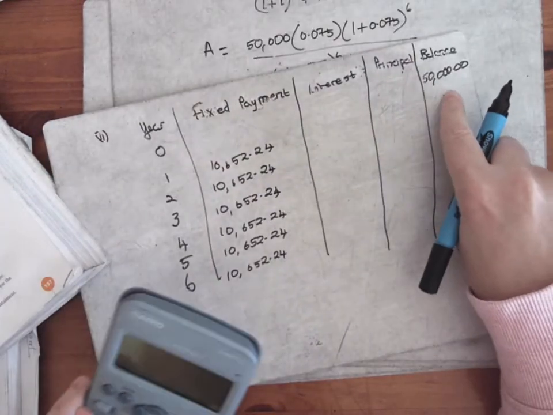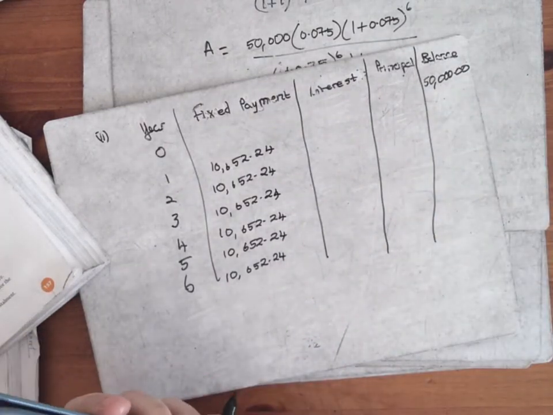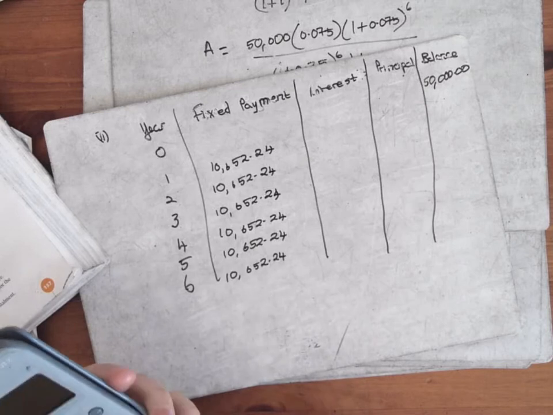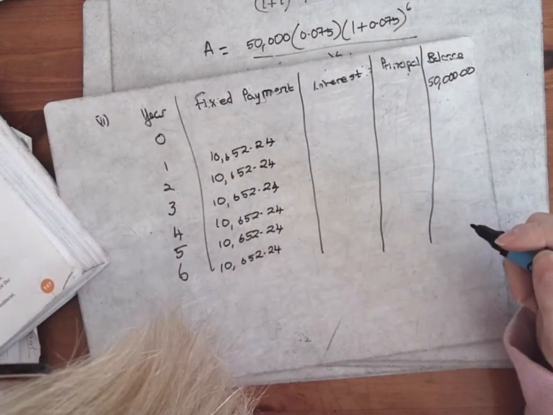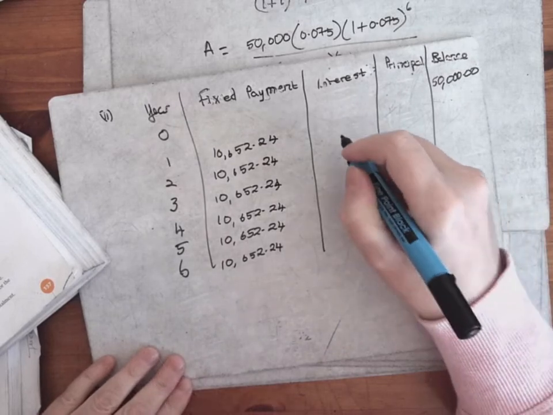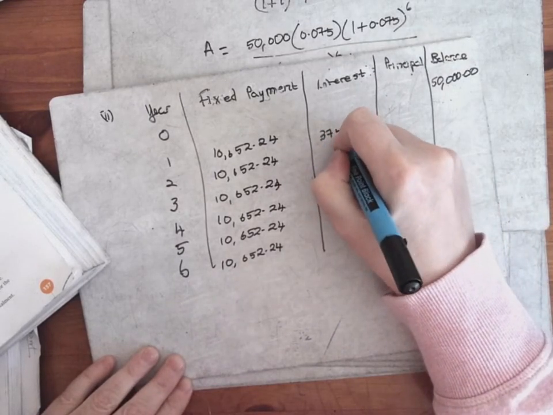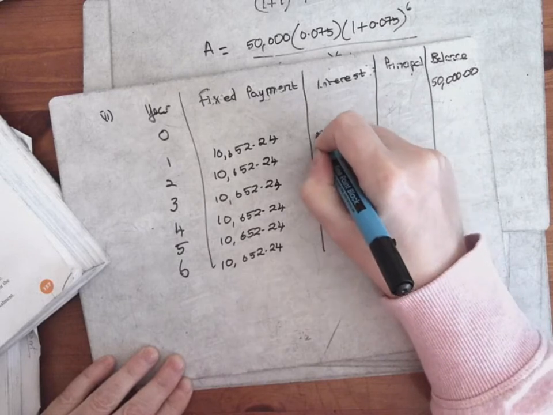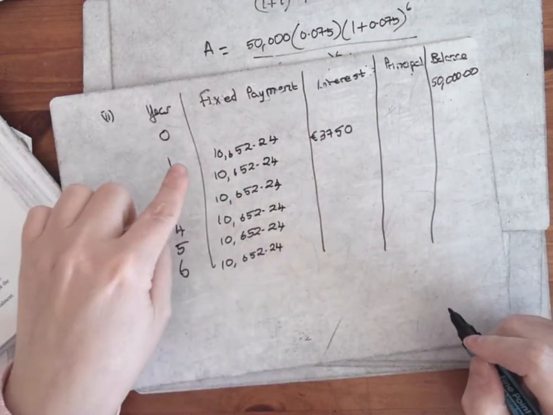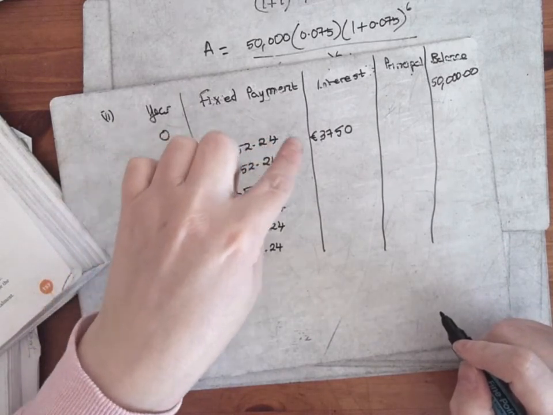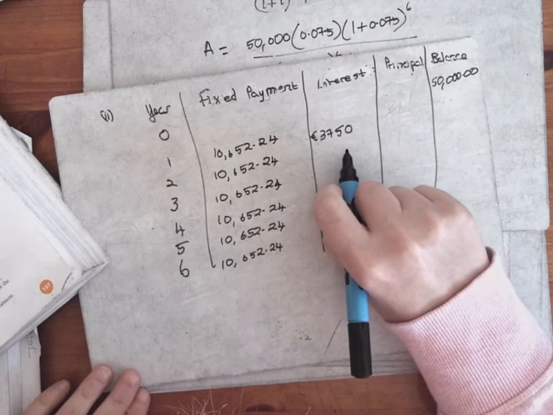So let's get 7.5% of 50,000. 50,000 multiplied by 0.075 is 3,750. So of her payment of 10,652.24, 3,750 was interest.